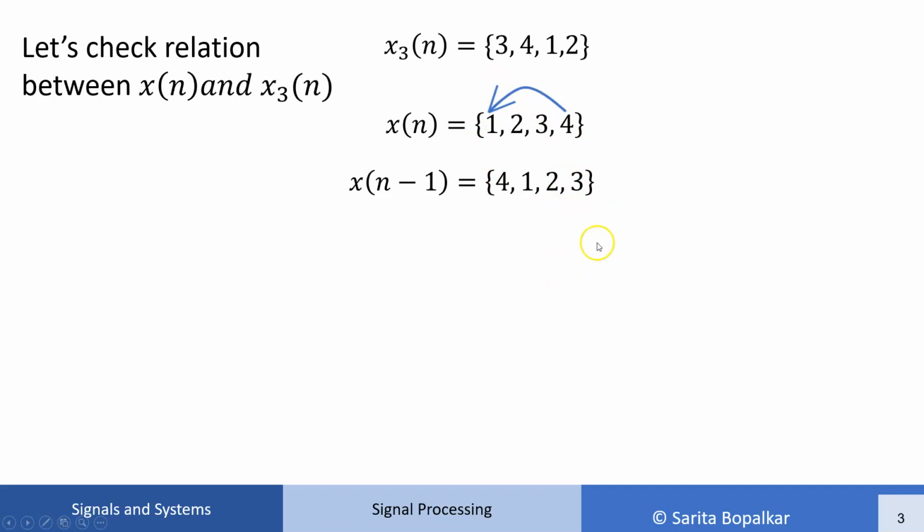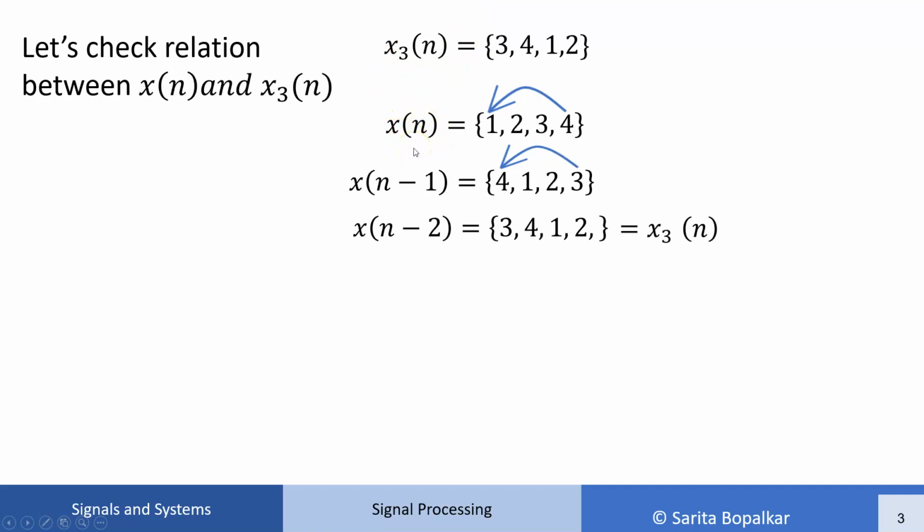Here the values of x3n and x of n minus 1 don't match, so we add one more shift. x of n minus 2: the 3 comes to this side, giving 3, 4, 1, 2. You can check that x of n minus 2 is 3, 4, 1, 2 and x3n is also 3, 4, 1, 2. That means we can obtain x3n by applying a delay of 2 units to x of n.